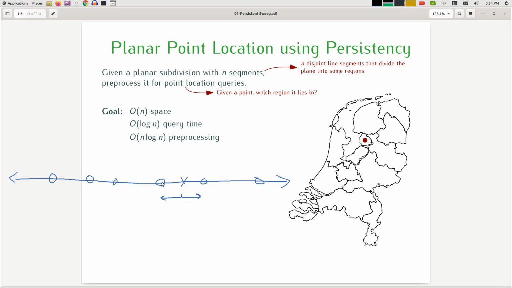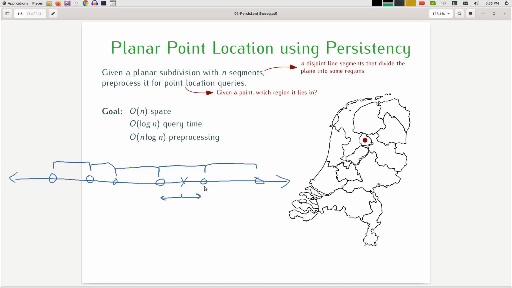But this is equivalent to finding the interval that contains this query point. So in other words, you can think of the binary search tree as a data structure that solves a one-dimensional point location problem. Here, these intervals are the regions, and these vertices are the input values, and the binary search tree does the point location for us.